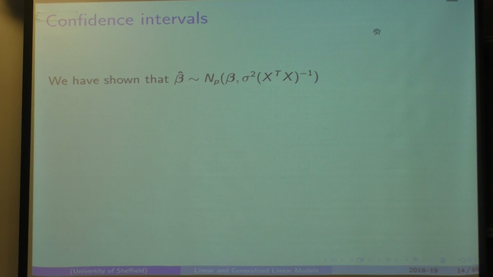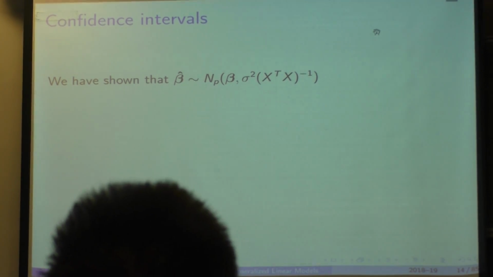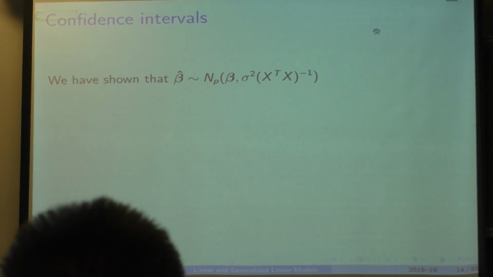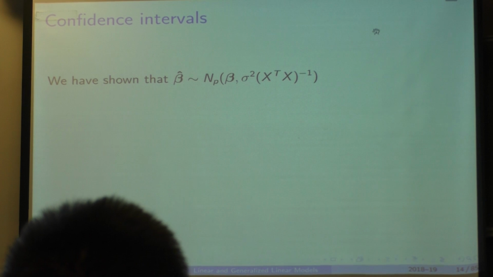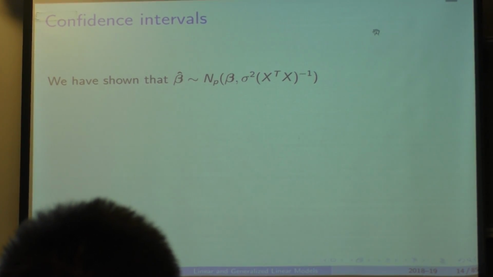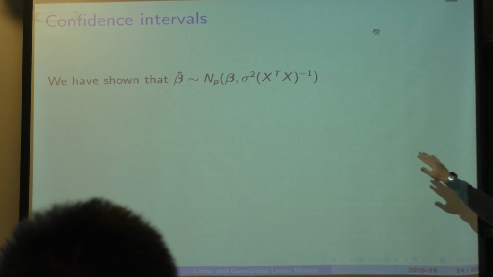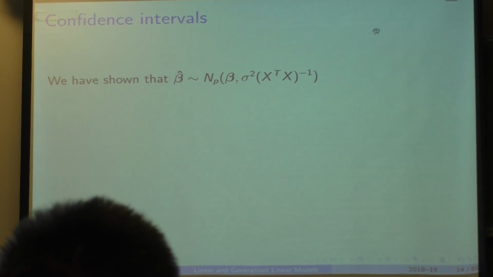So beta hat, we've already seen, has a multivariate normal distribution. It's p-dimensional because we have p parameters that we're trying to predict. The mean is the actual values beta, which of course are unknown. That's the mean vector. And the covariance matrix is sigma squared times the inverse of X transpose X, where X is the design matrix.